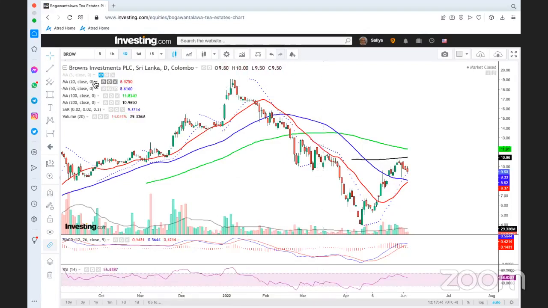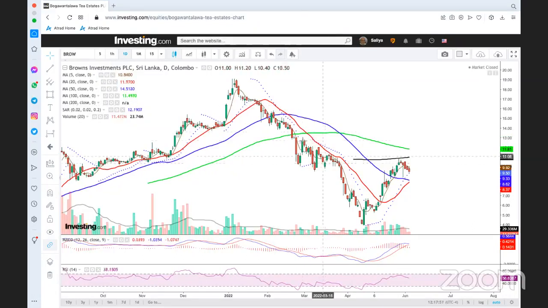Here I have hidden that moving average, because for the daily chart I was using only the other main averages. Otherwise, if you click on this show or hide button, you will see that. If you click it, it will get hidden. So Browns is also not in the short list.